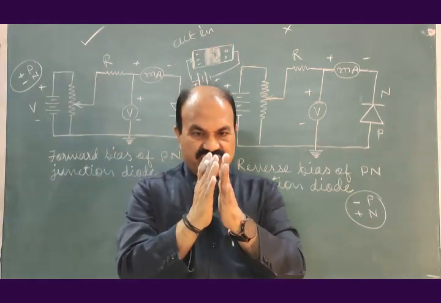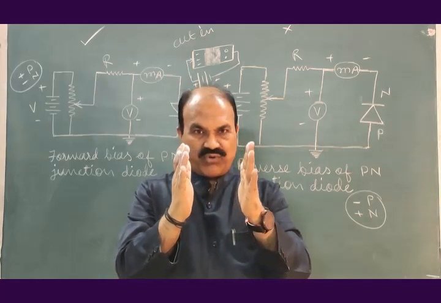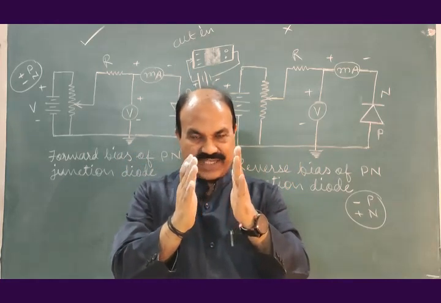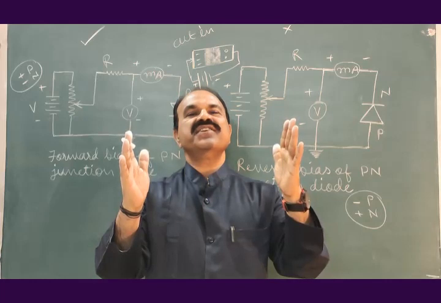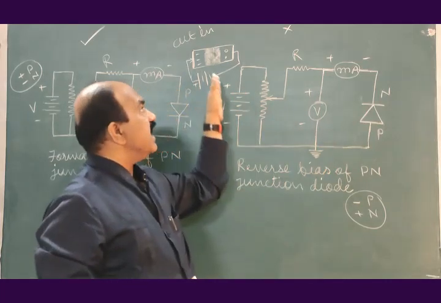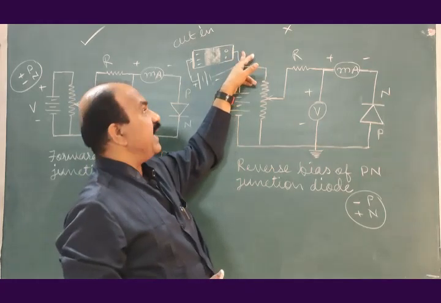The depletion region starts becoming more and more wide. As the depletion region increases, holes are moving back towards the end of P type.